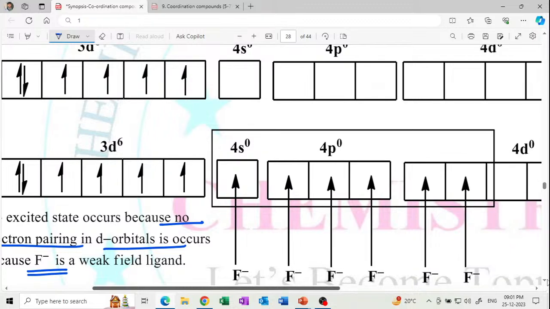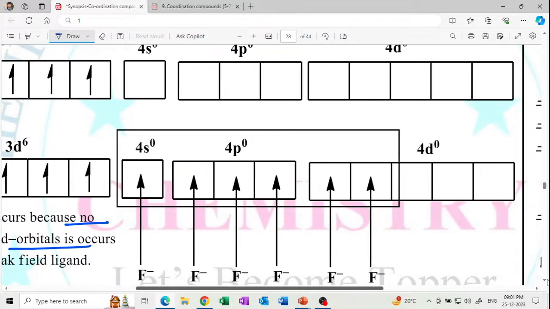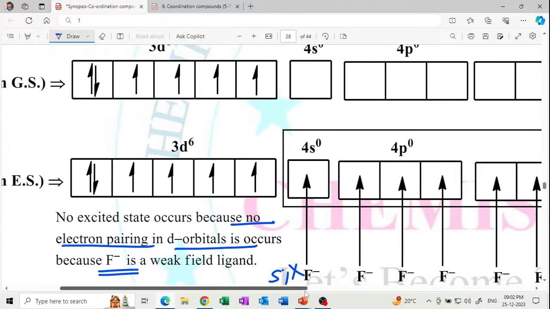Get it? Therefore no pairing takes place. How many ligands in total? 6 ligands. Total 6 ligands, no pairing takes place. Clear?